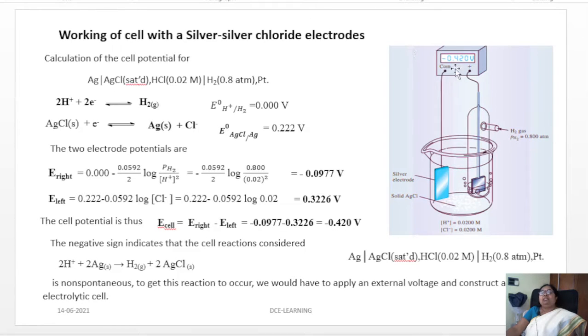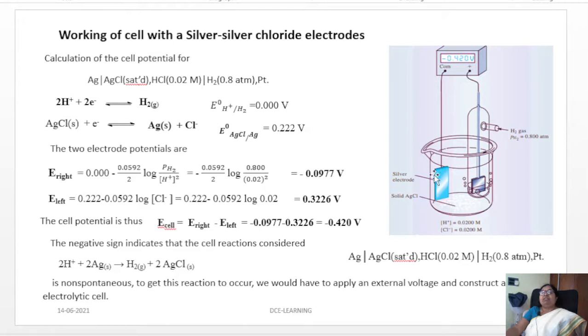Look at that, it is minus 0.420 volts. So we can measure using the right hand EMF of the half cell and the left hand EMF of the cell, and the potential difference gives rise to the overall EMF of the cell that you are going to calculate.